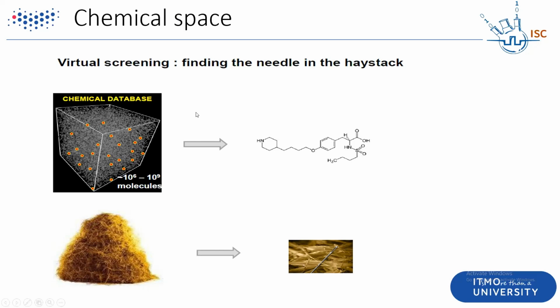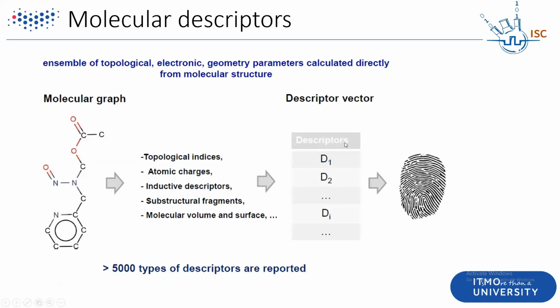And therefore you have to optimize the chemoinformatics methods to come up with a unique molecule like here. So how you can optimize the chemoinformatics and why the chemoinformatics are useful to find the right molecule is that you have a number of different descriptor vectors, up to 5,000.